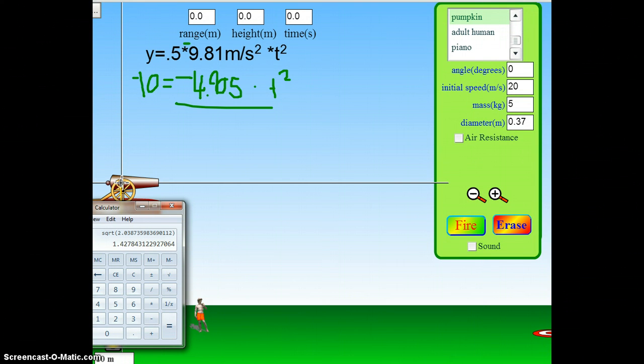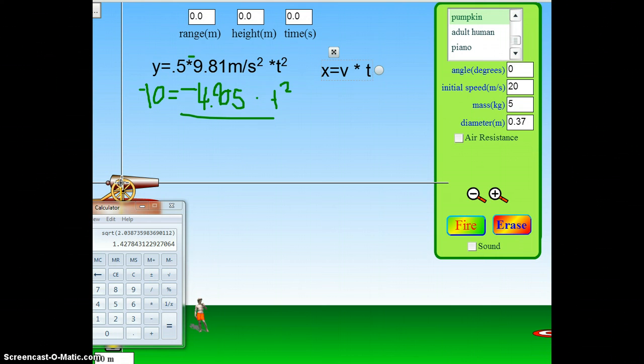I'll give you a second to do that in case you haven't. Alright, so here's your equation. We're going to put in our 1.43 seconds for time times our 20 meters per second for velocity to find our predicted value. Hopefully you have this on your paper, 20 meters per second, or I'm sorry, times 20.